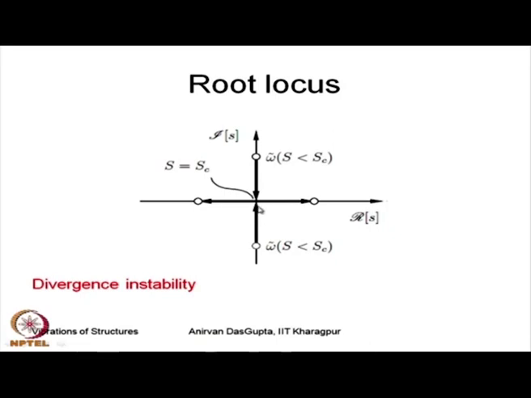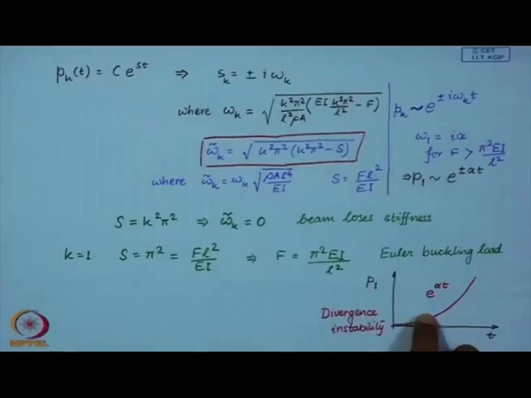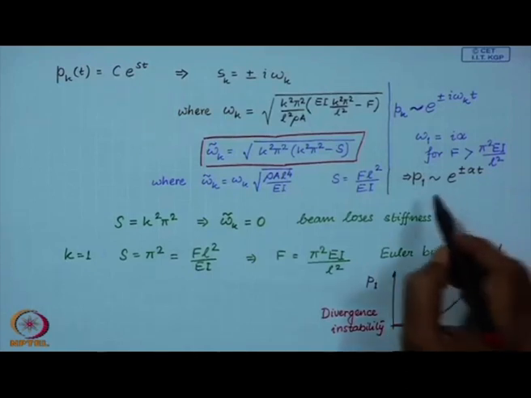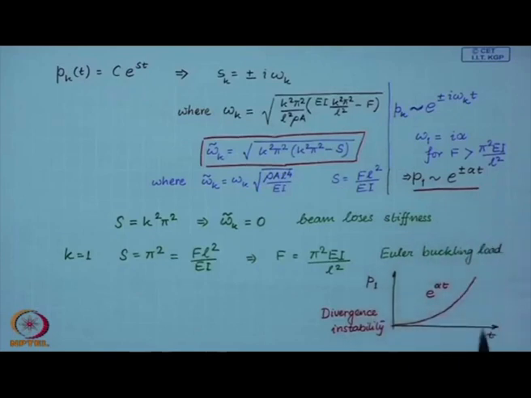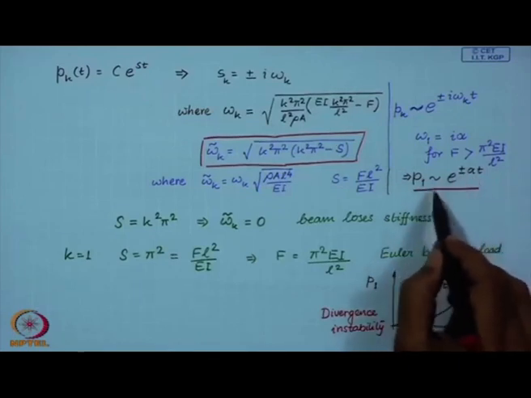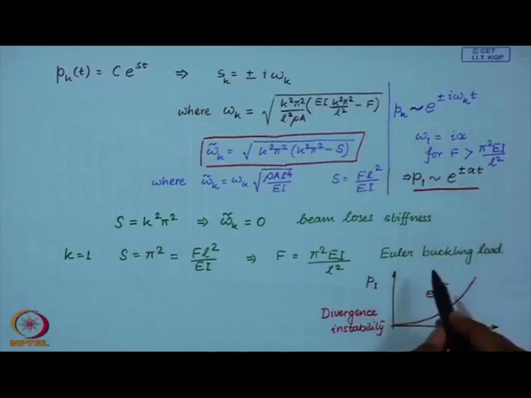Here, as we have seen, we have this plus minus alpha. Now, there is this root on the positive side which is going to lead to instability. That is what we see in the solution: an exponentially increasing solution, which looks like this.